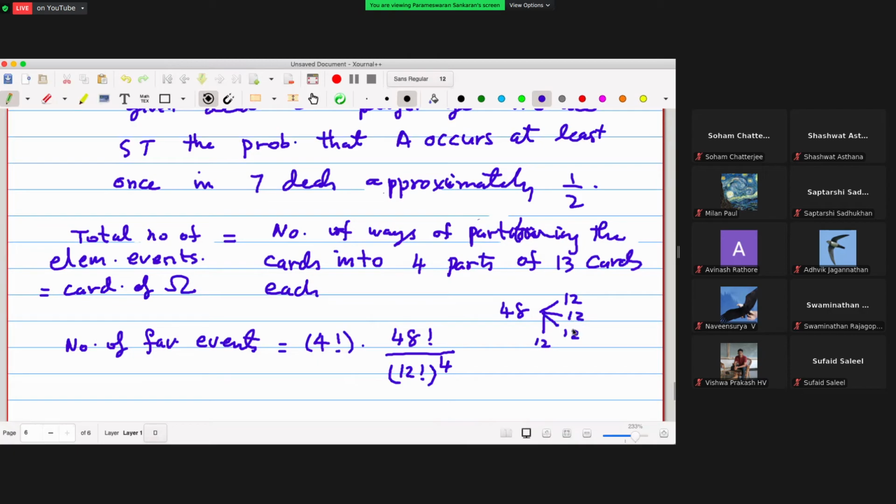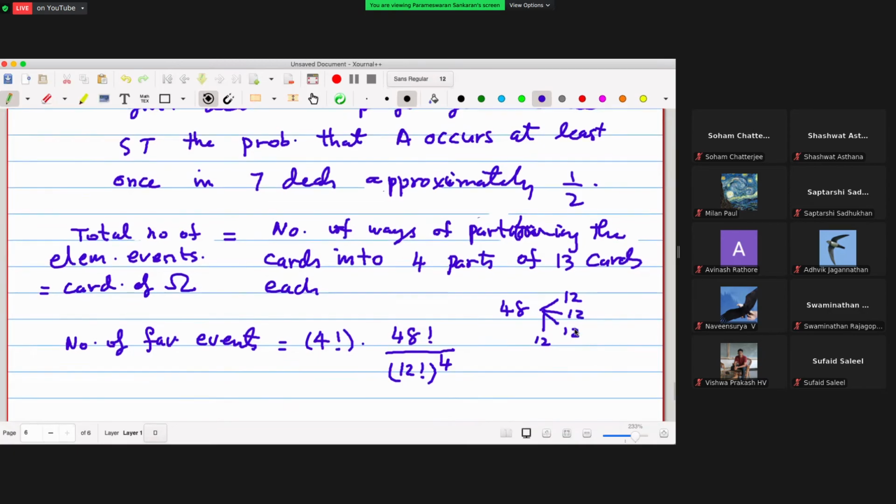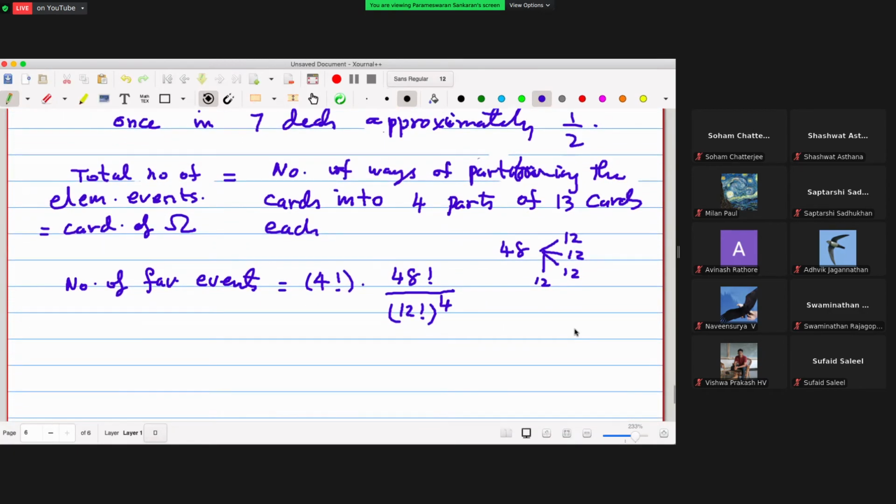So you understand. I'll tell you in a more general context how to do this. You imagine that you arrange these remaining 48 cards in arbitrary fashion. There will be 48 factorial ways. But within the first group of 12, it doesn't matter in which order you have arranged it, because the same person gets all those 12.